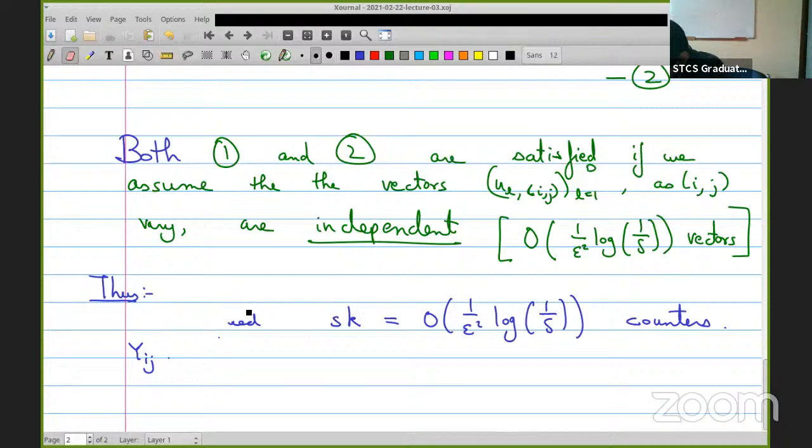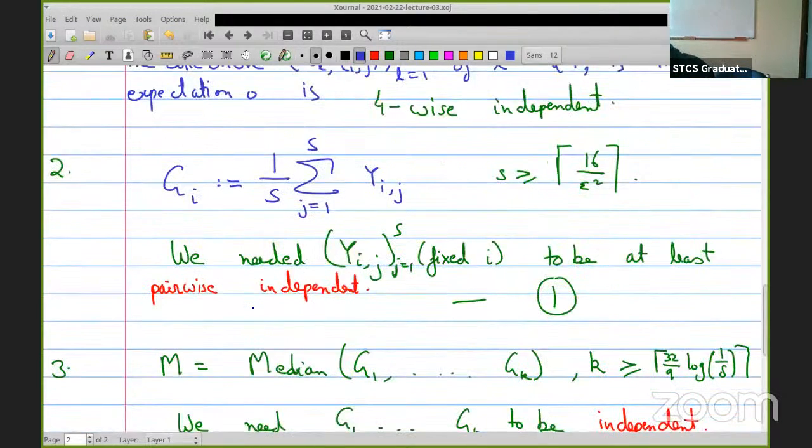So we need storage for this. But there's something else also we have to store, right? The random bits. We have to store the random thing.